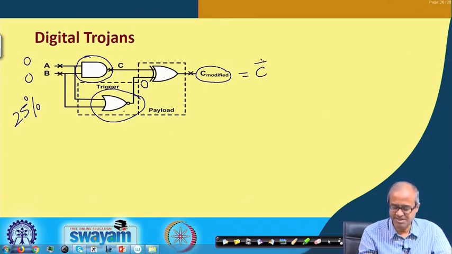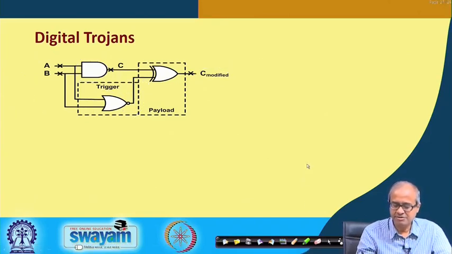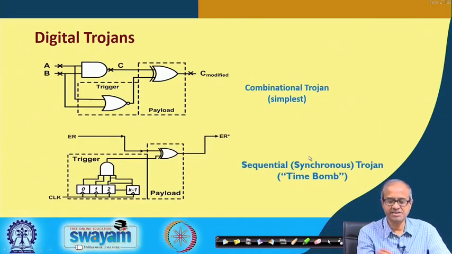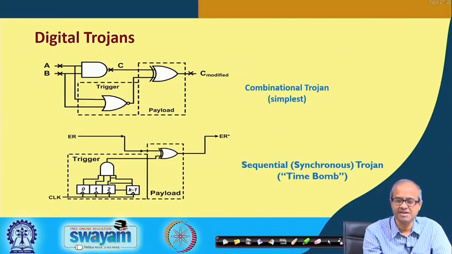Okay. It will change. This is called a combinational Trojan, as this is a combinational circuit.